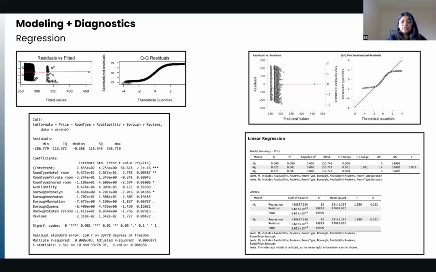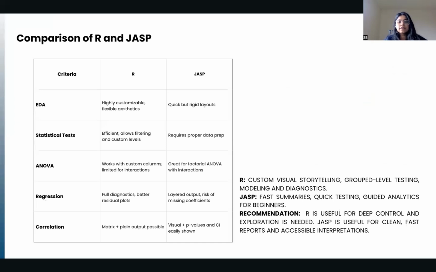And moving towards our final comparisons, I would say for EDA, R was better as it gives us customizable options, while JASP was quicker, but it took a lot more steps.